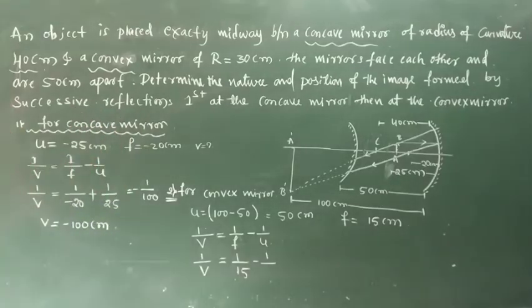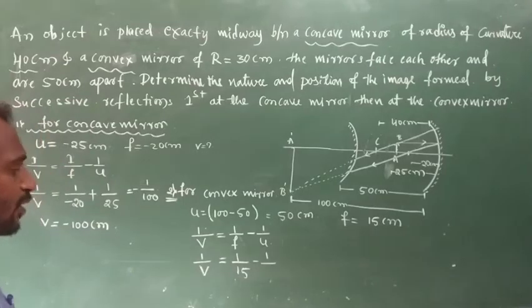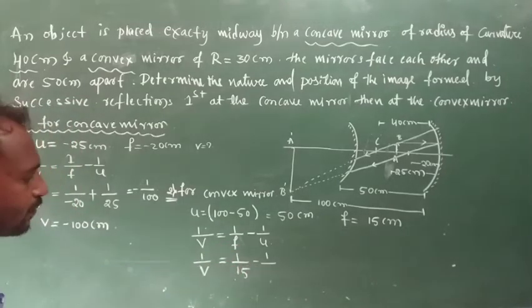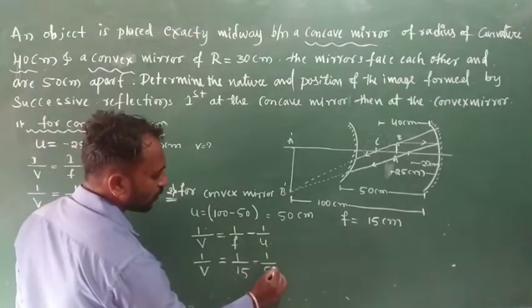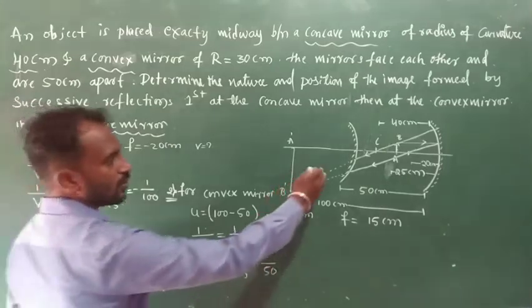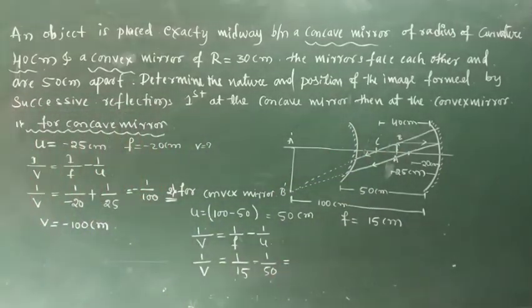The object distance is 50 centimeter, but here we consider it as minus 50. The object distance is positive. Why? Because the object is present on this side. Okay, so here 1 divided by 15 minus 1 divided by 50.